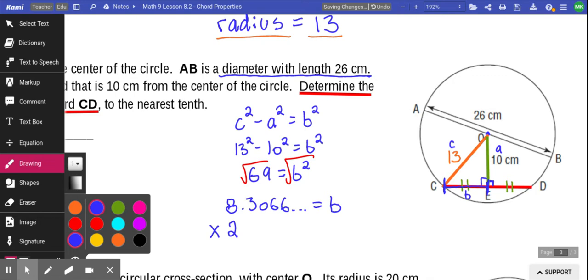So I do 8.306623863, I do all those numbers and multiply it by 2 and I get that 16.6 equals that whole length CD. And I round my final answer now. Wonderful. All right, let's try another one.